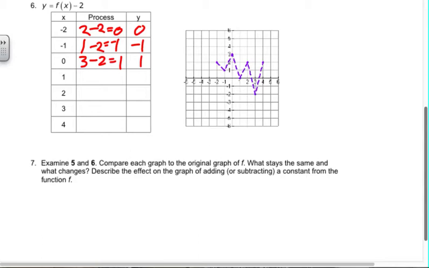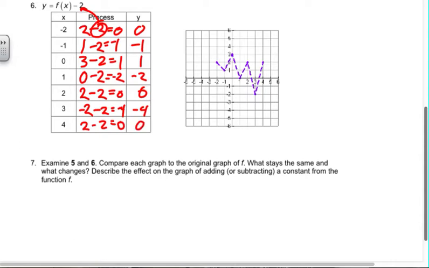F of 1 was 0. Minus 2 is -2. F of 2 was 2. Remember these numbers are coming from there. F of 3 is -2. And f of 4 was 2. Okay, so now we come in and we plot these points.